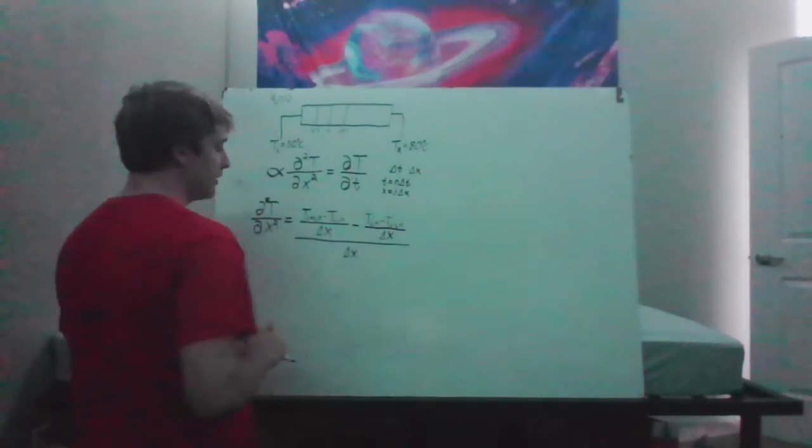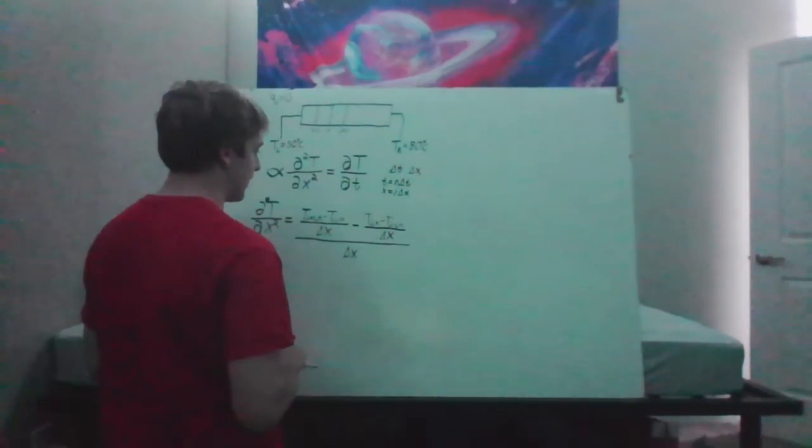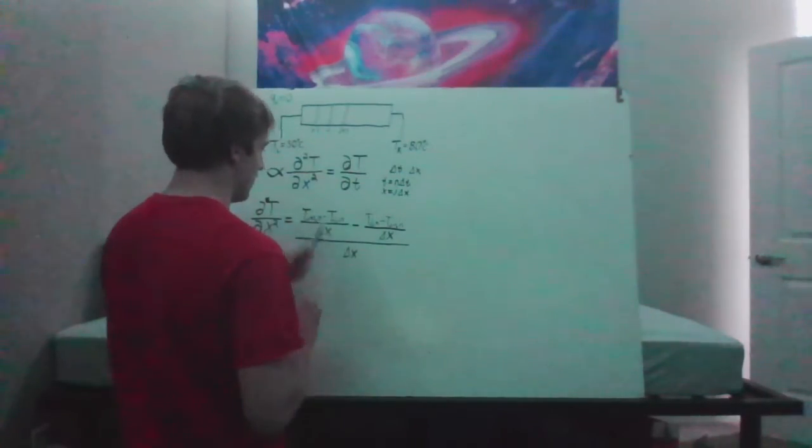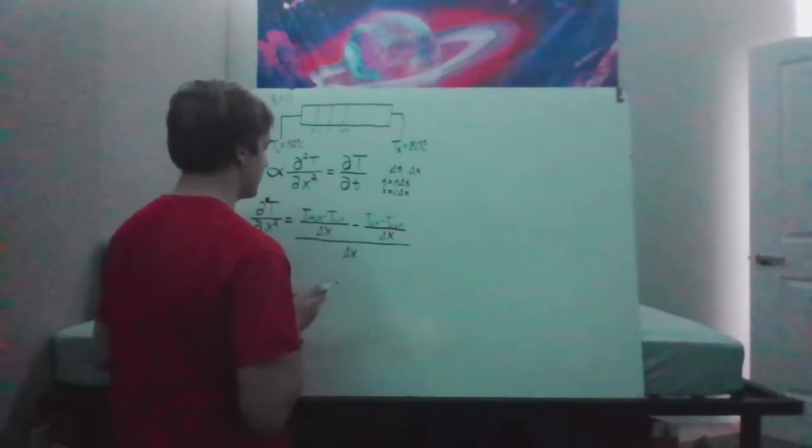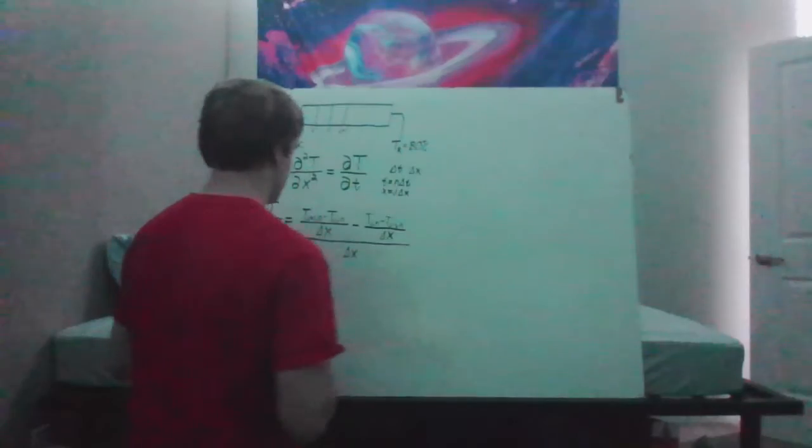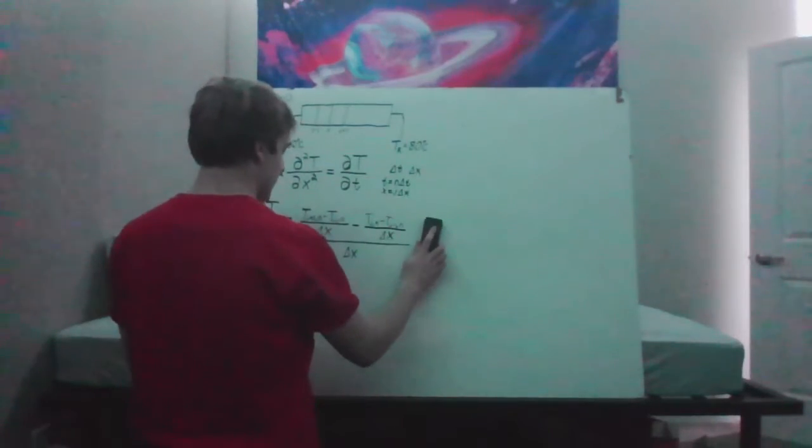And now what we can do is combine like terms. We have two of these t sub j comma n's. So if we simplify that out, I'm actually just going to erase this whole thing.